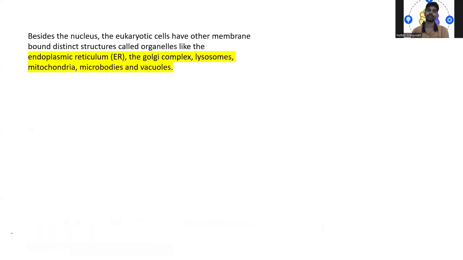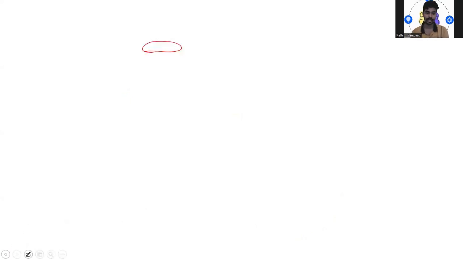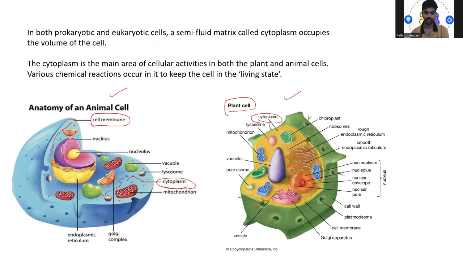Besides the nucleus, eukaryotic cells have other membrane bounded distinct structures, which I can call organelles. Have you seen the endoplasmic reticulum? We have vacuoles, lysosomes, mitochondria, and the nucleus.